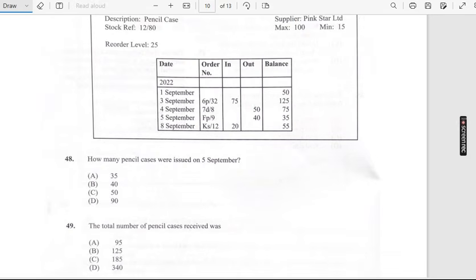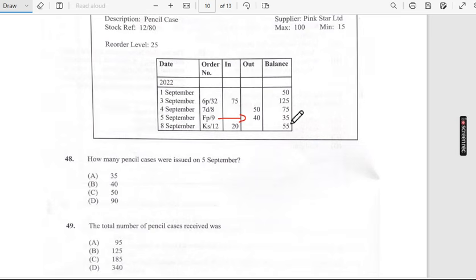Number 48. It says, how many pencils were issued on September 5th? Alright. We have September 5th right here. So, based on the knowledge, we have 40. Alright, so on the 5th of September, we have this 75 here. That was the 3rd of September. And we have 40 out. And we have 35.